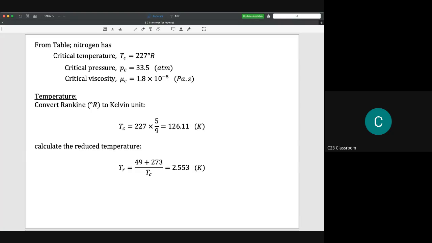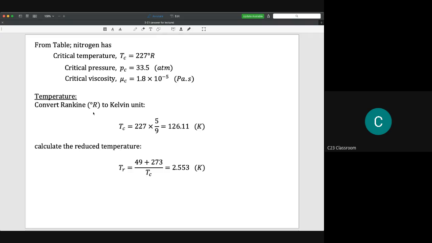From the table, we know that nitrogen has the critical temperature of 227 degrees R, and the critical pressure is 33.5 atmospheres. The critical viscosity is 1.8 times 10 to the power of minus 5 Pascal seconds.